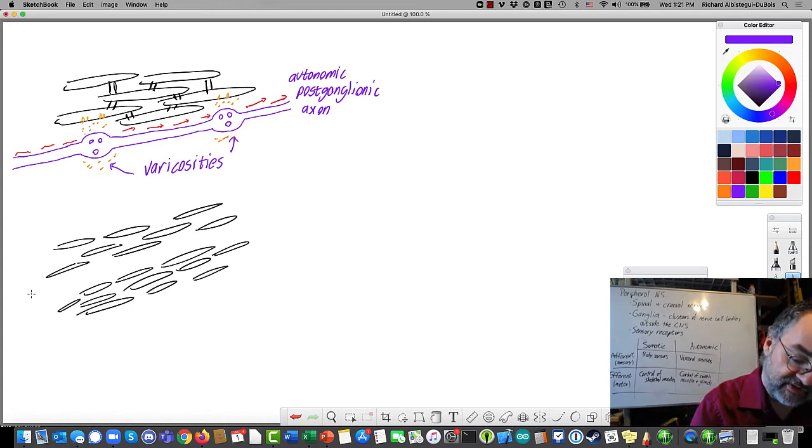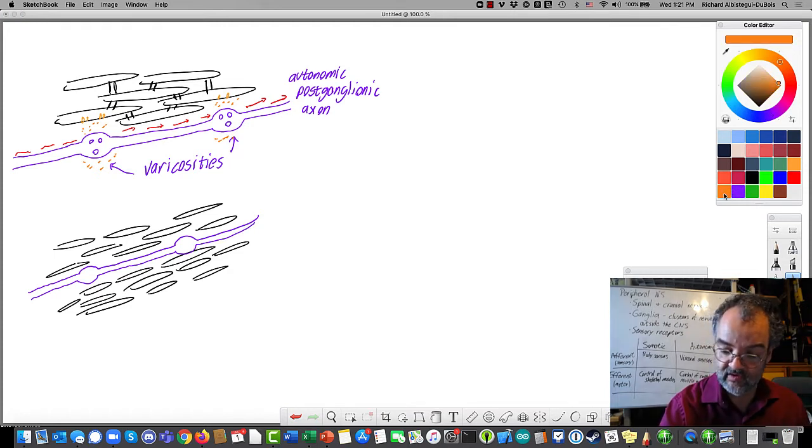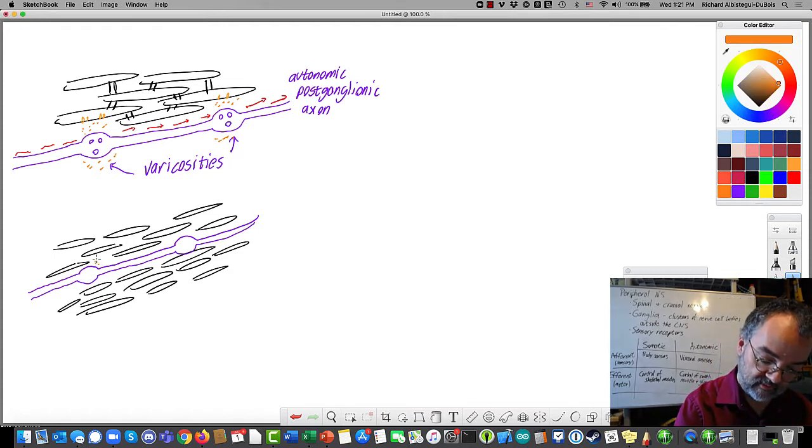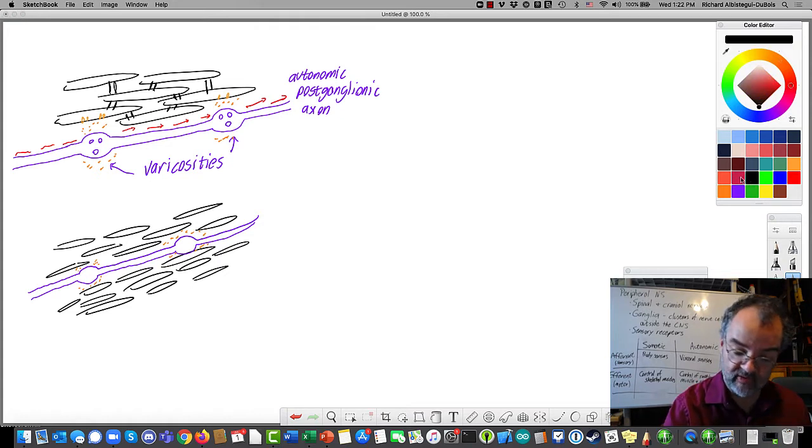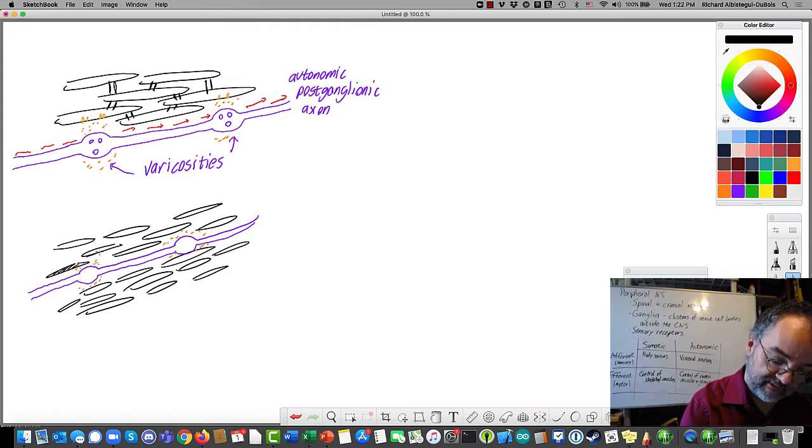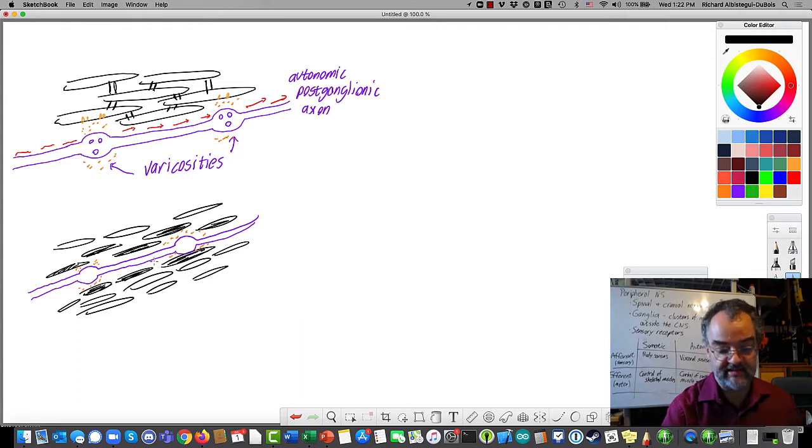So in multi-unit muscle, if here is our autonomic axon with some varicosities on it, since these cells are not connected with gap junctions, when this one releases its neurotransmitter, it's going to affect the cells that are right around it. So this one might affect these cells. These are the cells that are very close to those varicosities, but not the others.